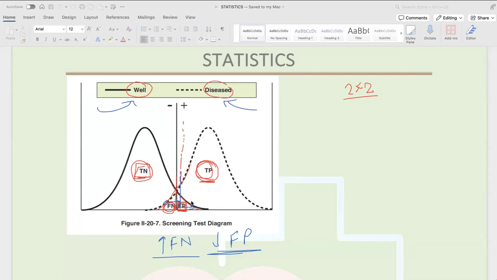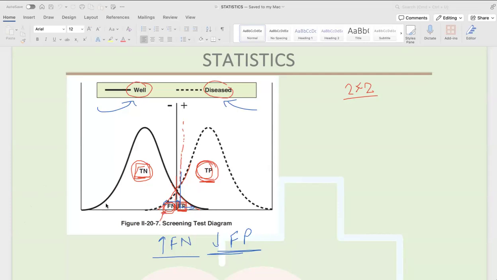Here, we know that sensitivity depends on true positive and also this false negative group. But now we have increased the false negative group. So what was the sensitivity of a test?